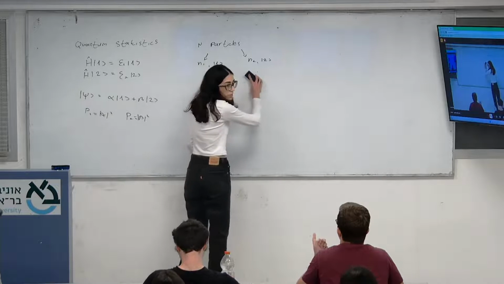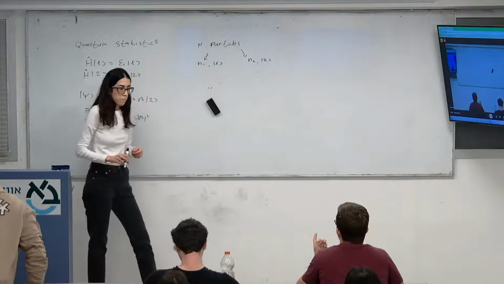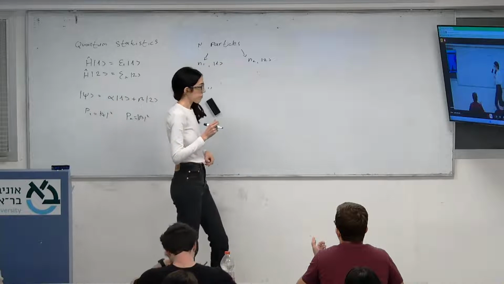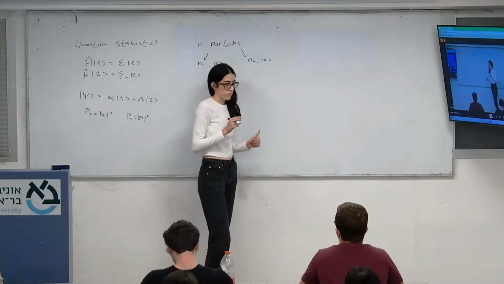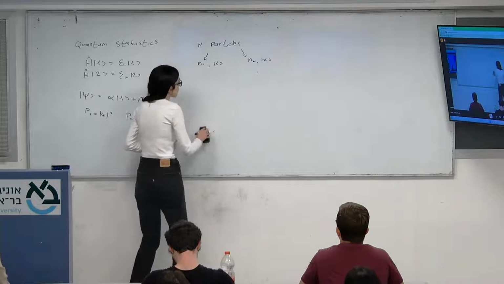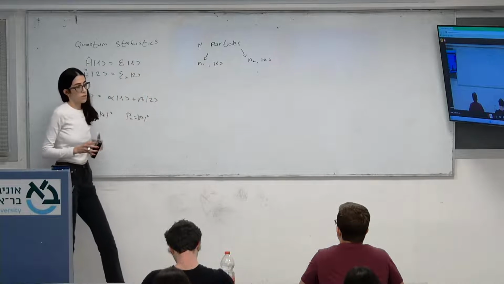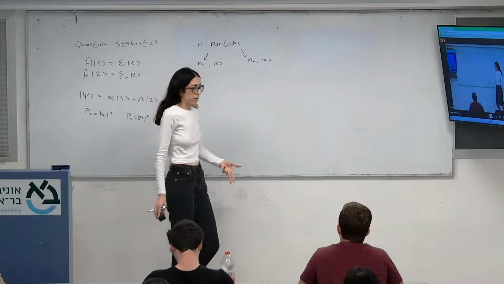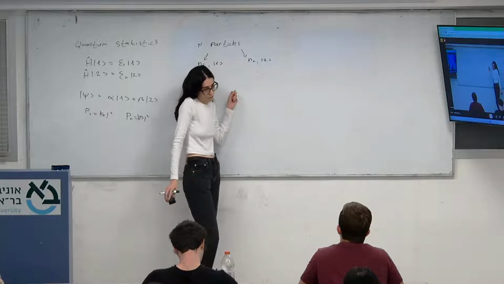And in the second case, we assume that all these N1 and N2 particles are in a pure state, right? It's the strongest assumption. In real life, you usually can prepare a system like that. I can prepare a particle in some eigenstate of energy.